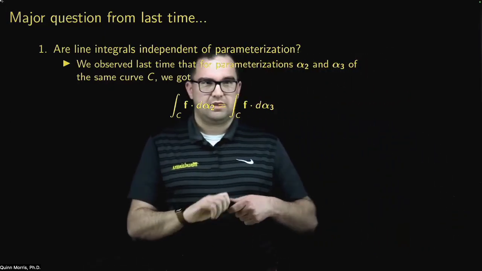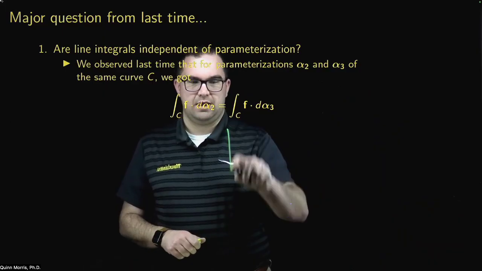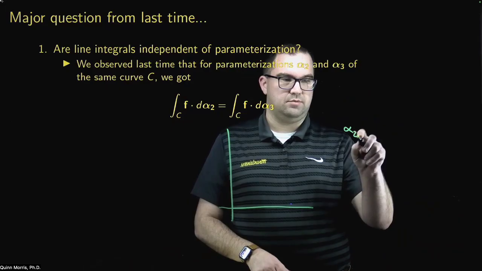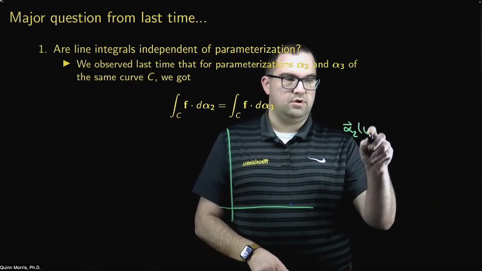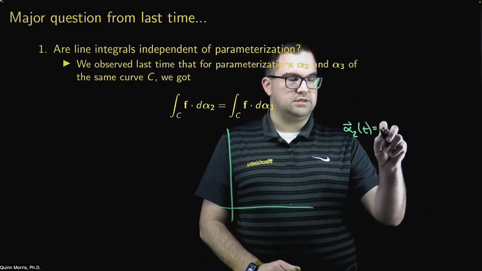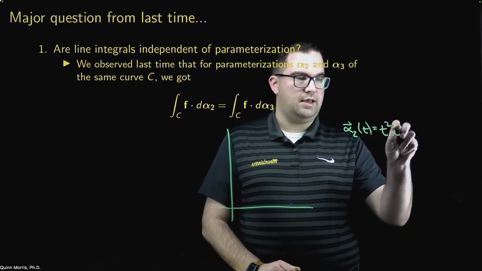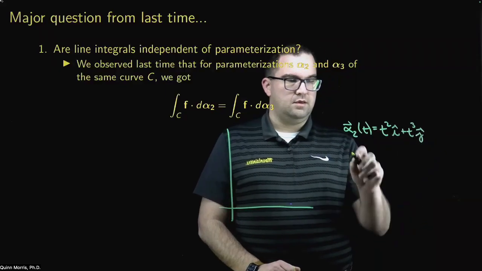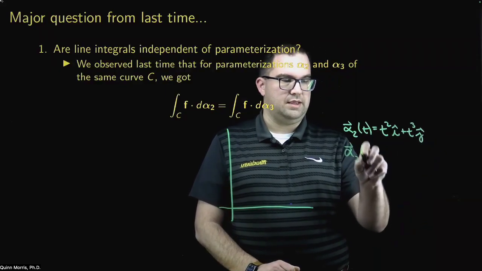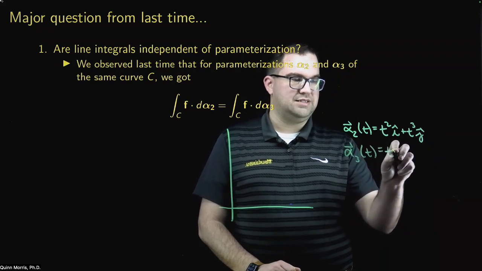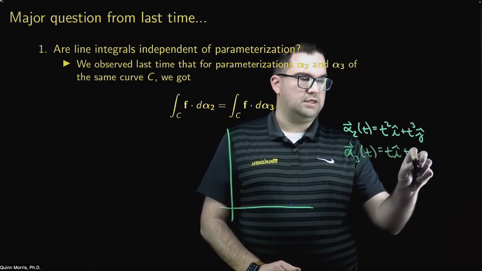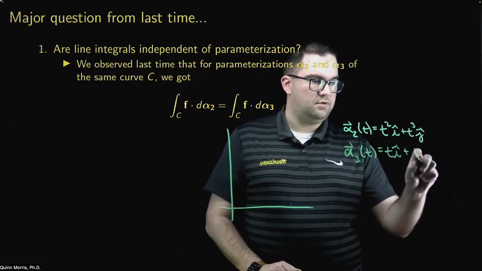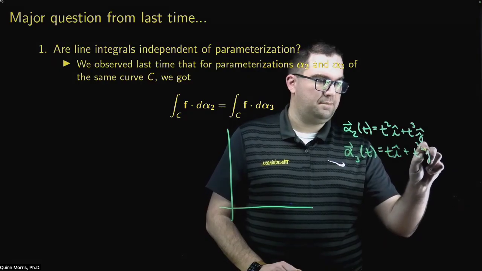And indeed, if we go back to that example from last time, the parameterization alpha 2 of t was t squared i plus t cubed j, and the parameterization alpha 3 was t i plus t to the 3/2 j.